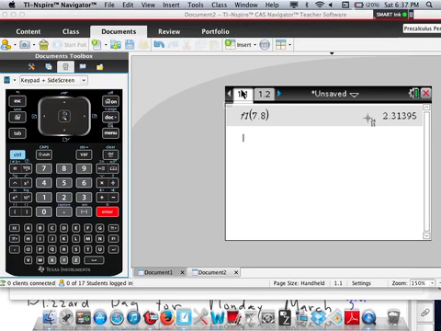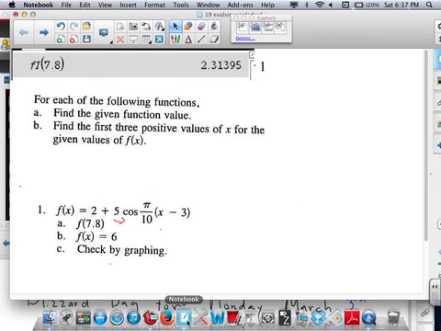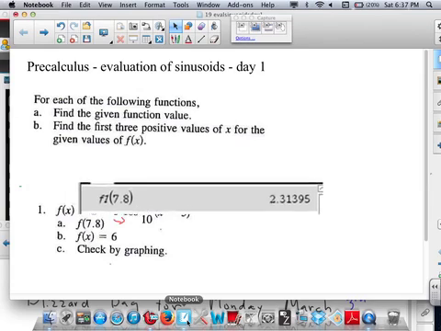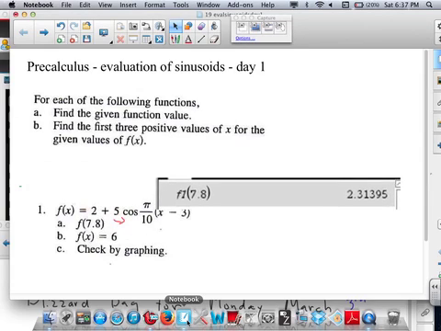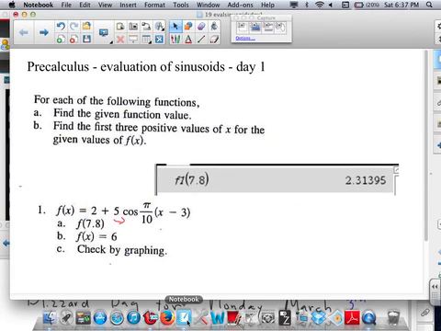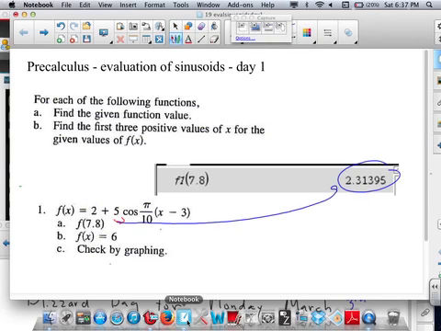I'll put that in my notes. 2.314. When we get these values, we'll always round it 3 places. Okay, pretty easy, huh? To get that value, plug that in.